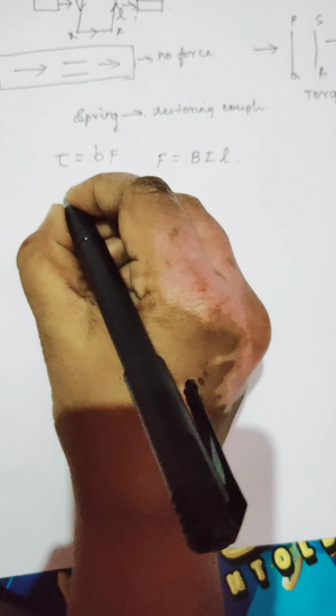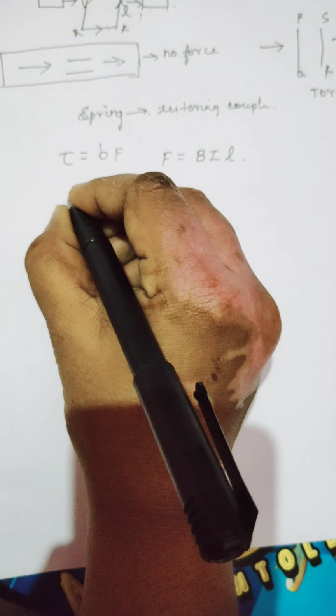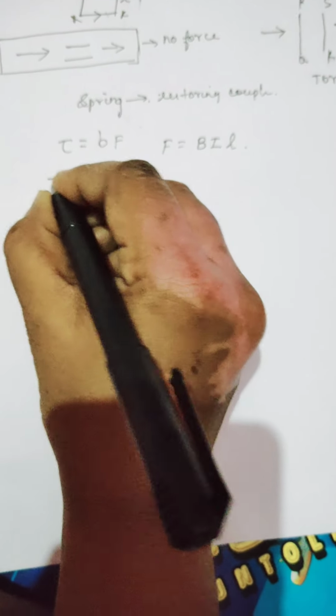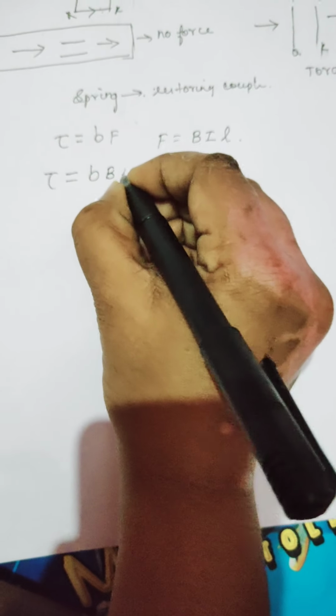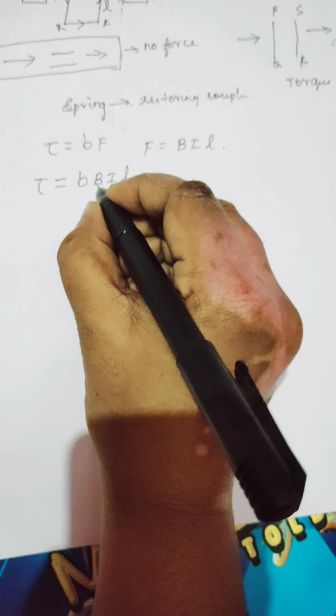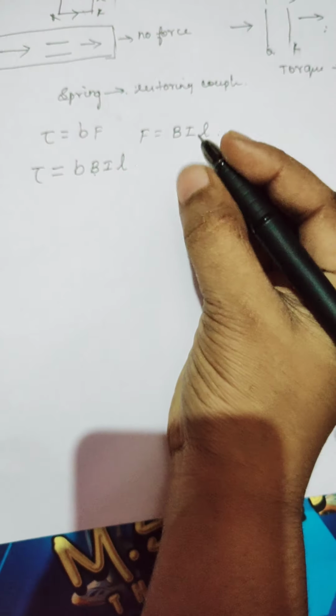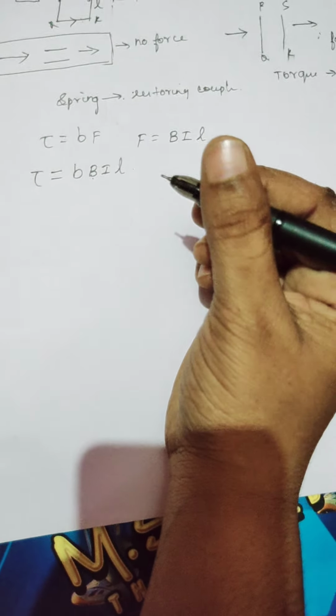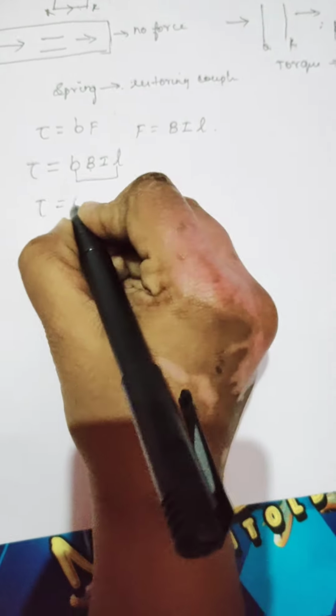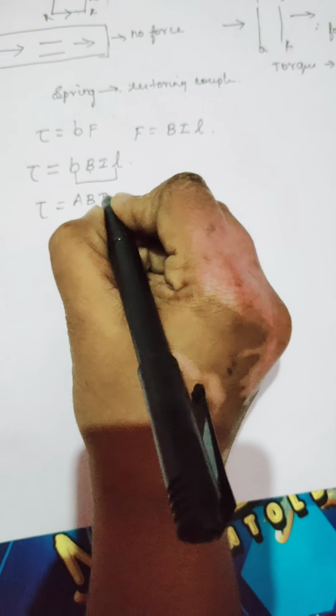Now I can change this equation with the breadth. What is the force? It is BIL. I can take this b and L as an area, so torque is equal to ABI.